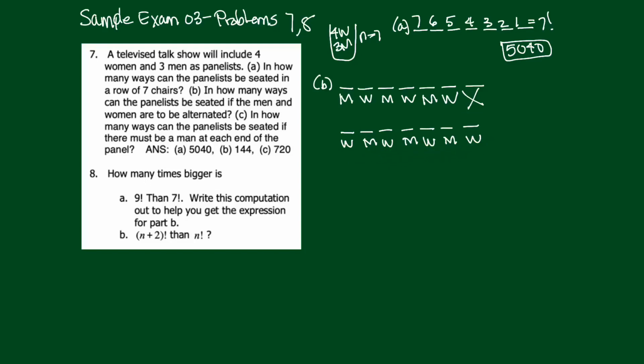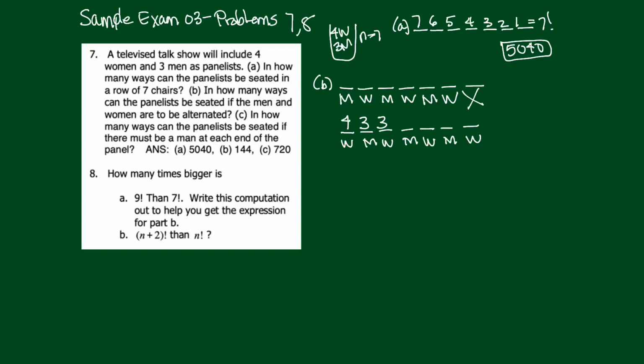Let's count them up. In the very first position, the leftmost position, we have to put a woman, and we have 4 from which to choose, so that's a 4. Then any one of those 3 men can go here. And then in the third position, a woman again. We've already selected 1, so there's 3 women left.